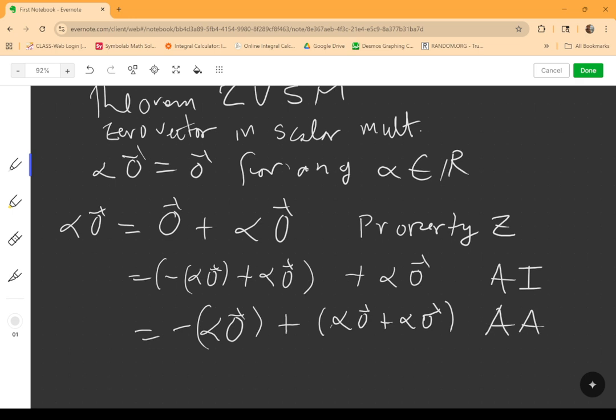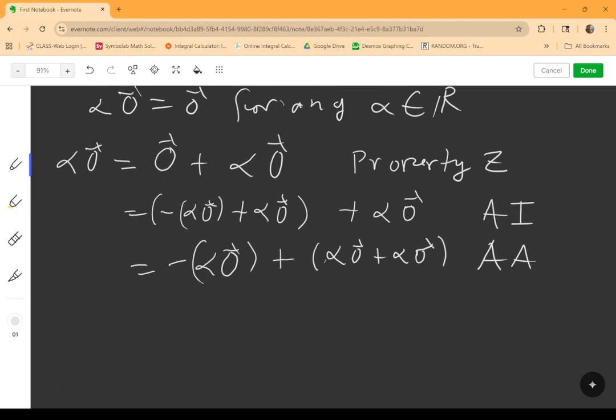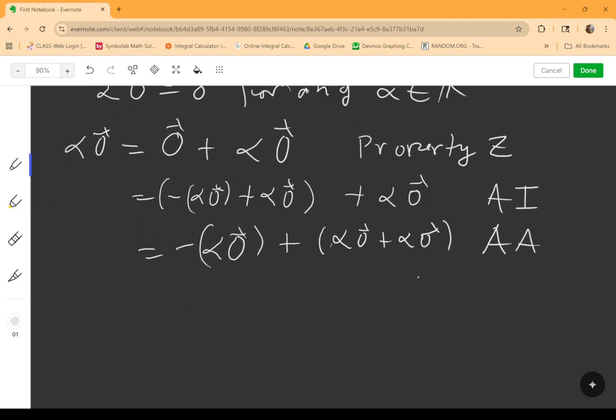All right, that's what that AA stands for here. Okay, and then now I'll focus here on these two terms, and I'm going to apply the distributive property of vector addition. DVA, right? The distributive property of vector addition.